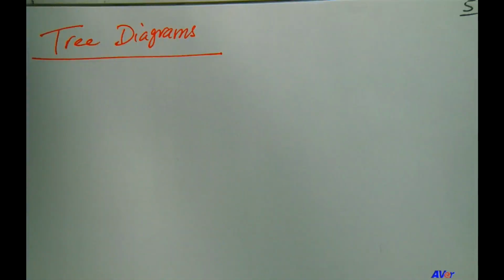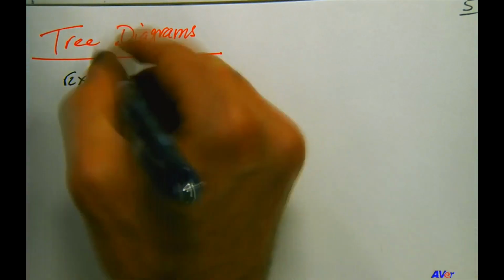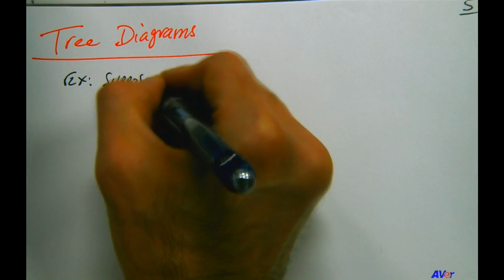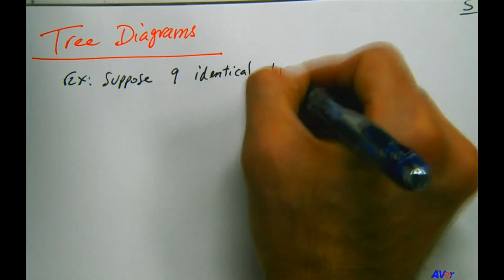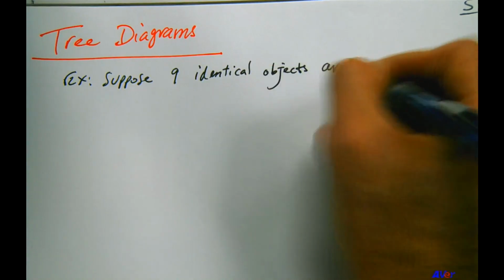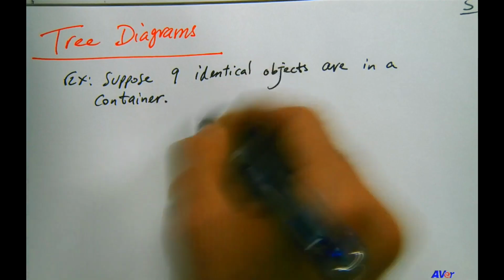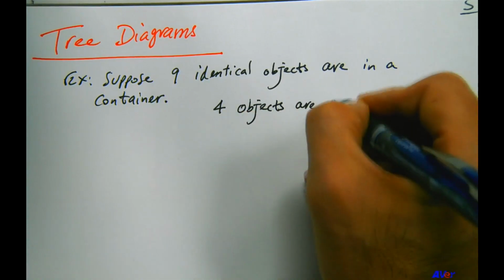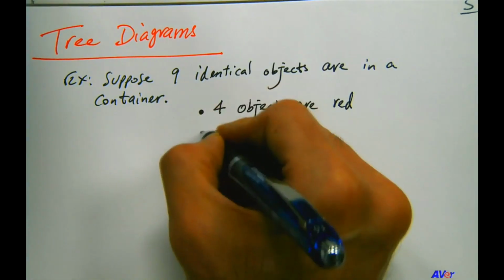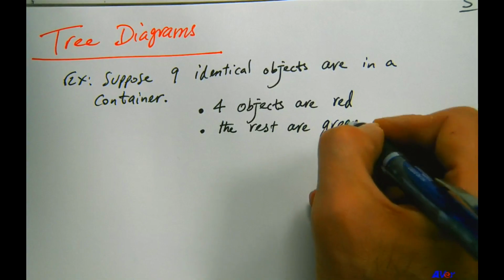So let's suppose we have 9 identical objects, and suppose that 4 of these objects are red and the rest are green.